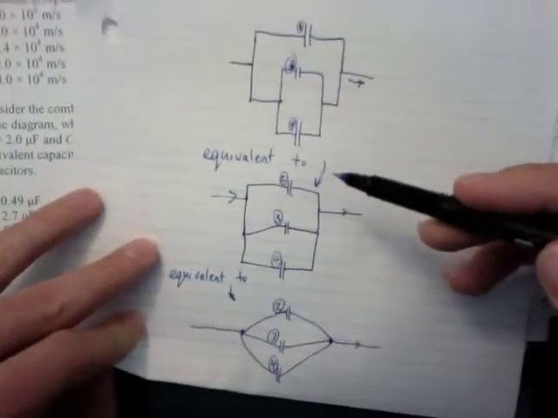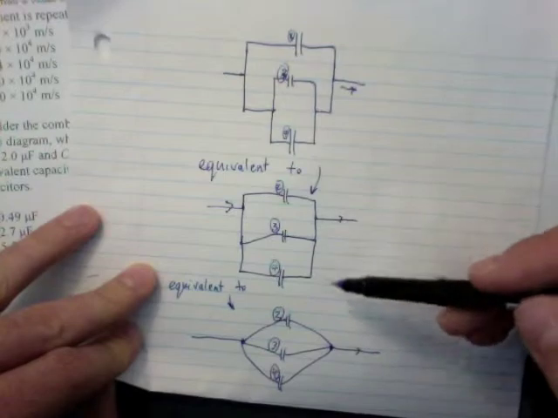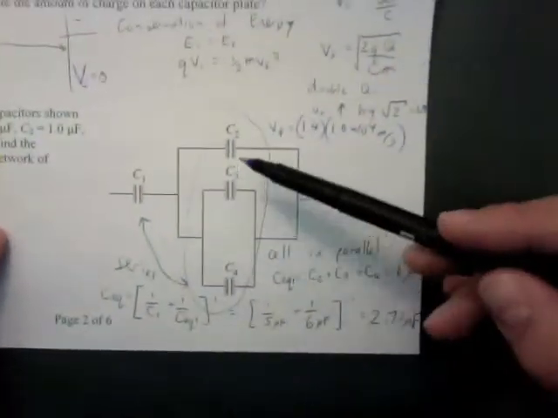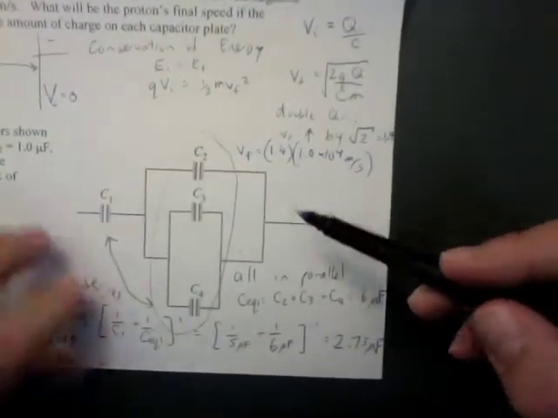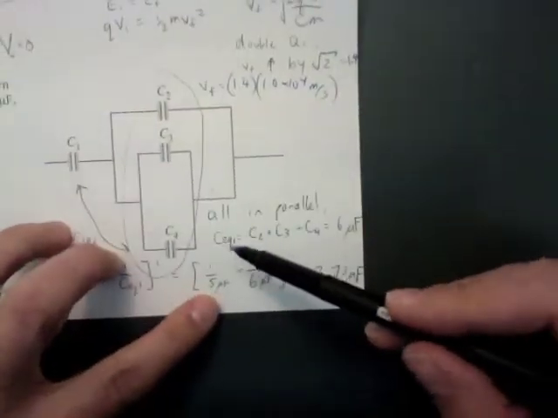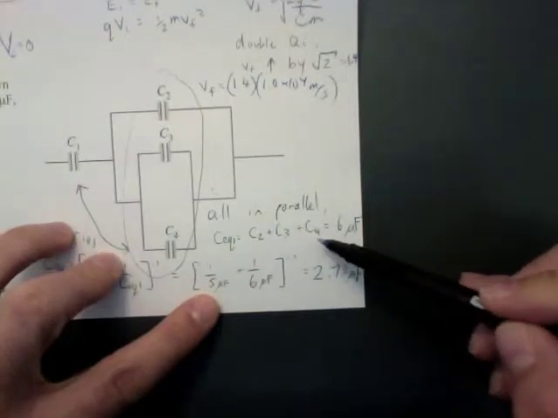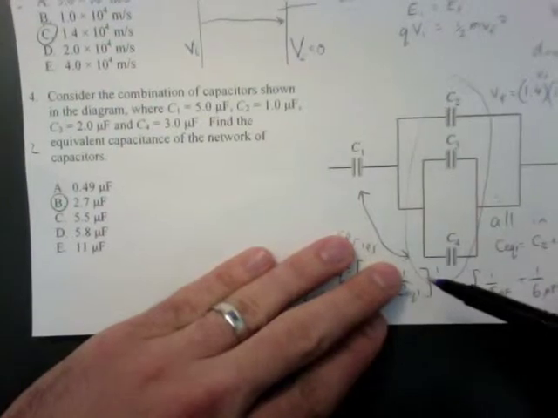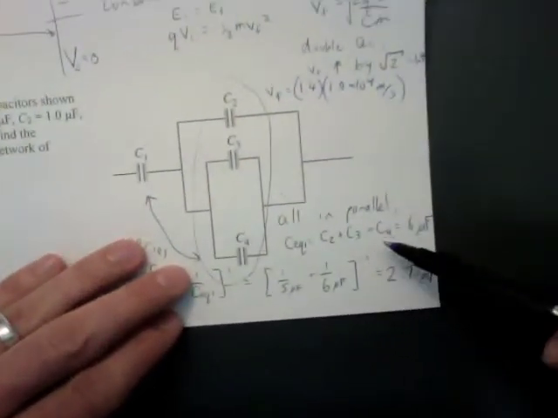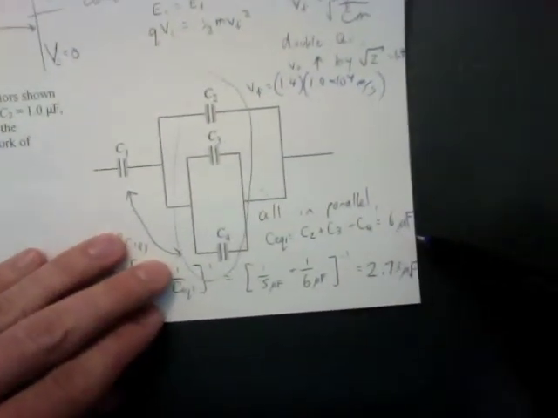So all 3 of these circuits are just different ways of writing the same thing, meaning that these 3 capacitors are in parallel. So there's an equation, equivalent capacitance for 3 capacitors in parallel. You just add them. Here we're adding 1 plus 2 plus 3 microfarads equals 6 microfarads.